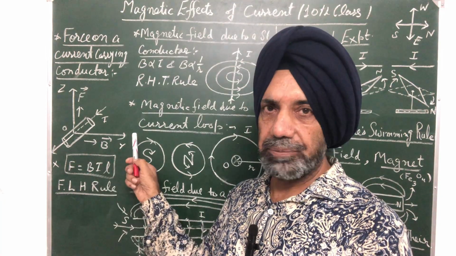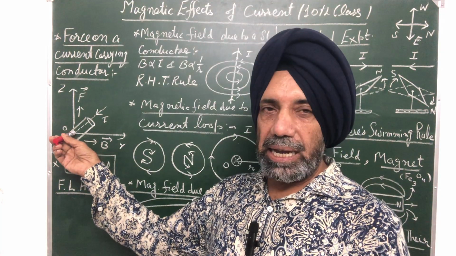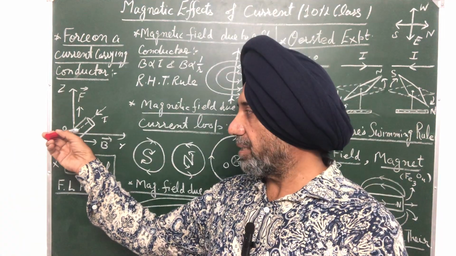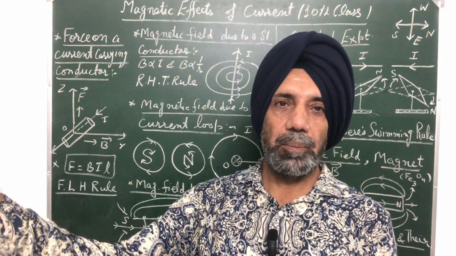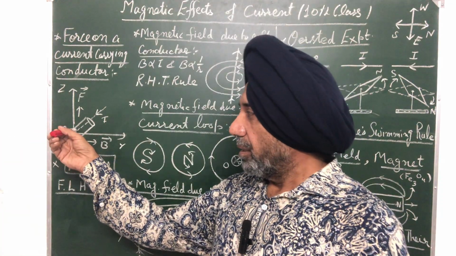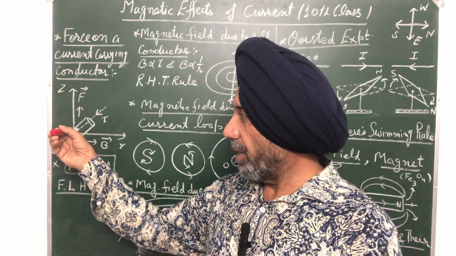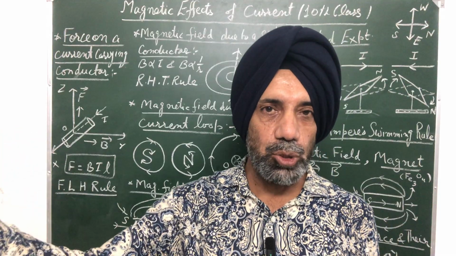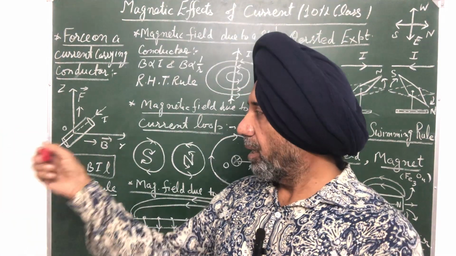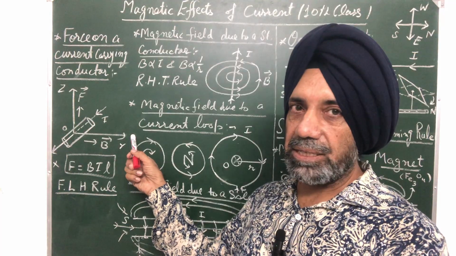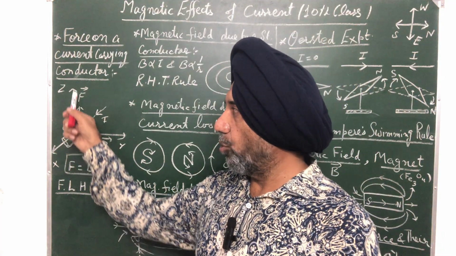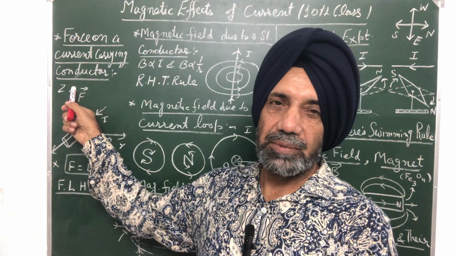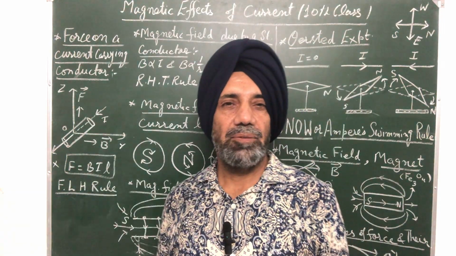This is the external magnetic field, and the wire carrying current is such that the direction of current is along the x-axis, pointing towards you, perpendicular to the board. The direction of the magnetic field is along the y-axis. Then the direction of the mechanical force experienced by the conductor will act along the z-axis, and this direction is known by Fleming's left hand rule.